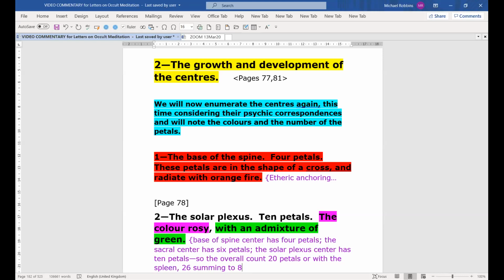most important. Positionally, it's the solar plexus, but at the 5th initiation, even though the base of the spine center is the lowest center, positionally, it does represent the first ray.